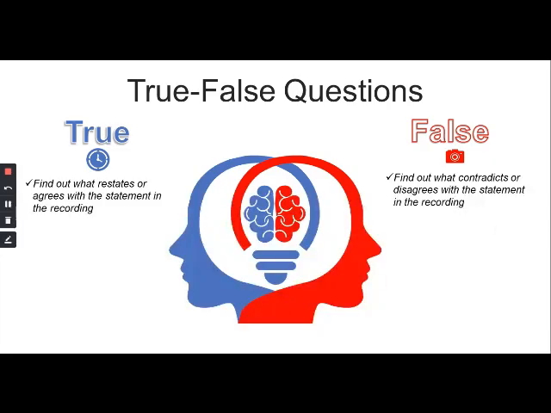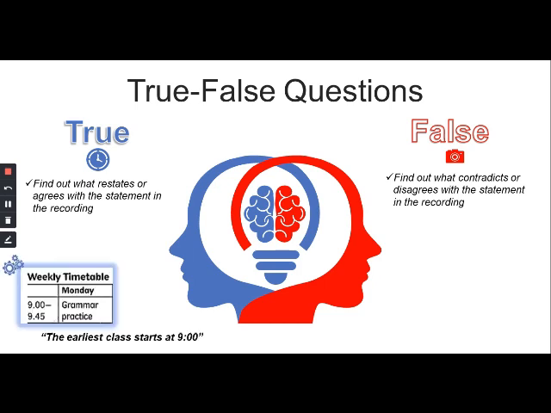The next part is the true-false items. So, kalau statementnya dianggap true, for example, okay, kita punya satu contoh weekly timetable, right? Statement yang bersifat true itu pasti dia menyimpulkan ulang atau menyatakan ulang statement yang ada di recording atau dia setuju dengan statement yang ada di recording.